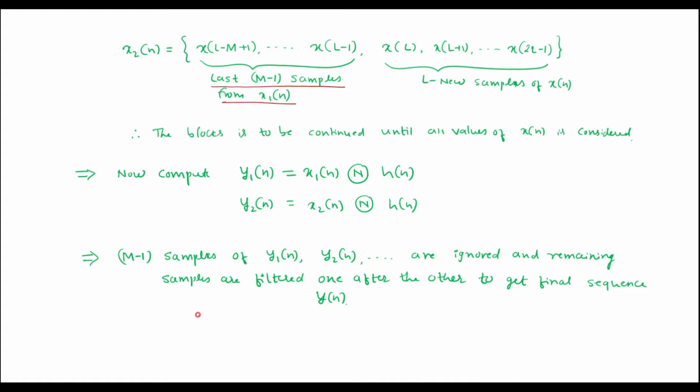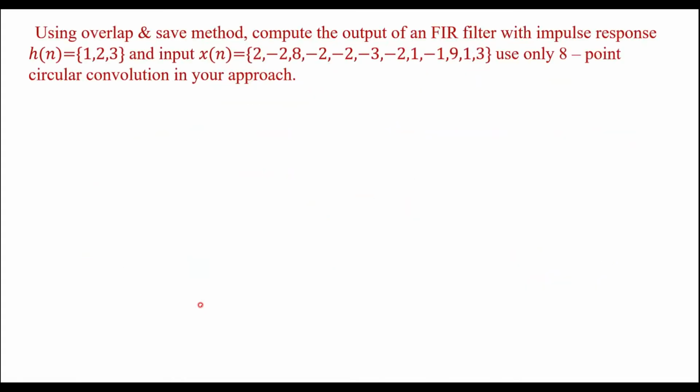Now we'll consider one example so that we can understand better. Using the overlap and save method, compute the output of an FIR filter with impulse response h of n and input x of n. Use only 8-point circular convolution in your approach.